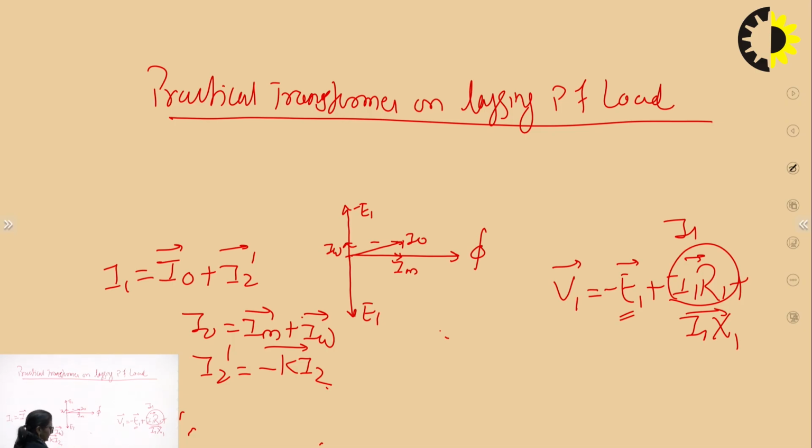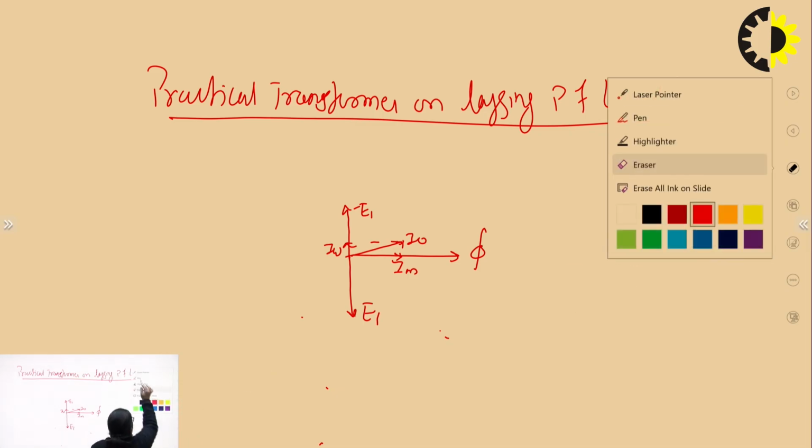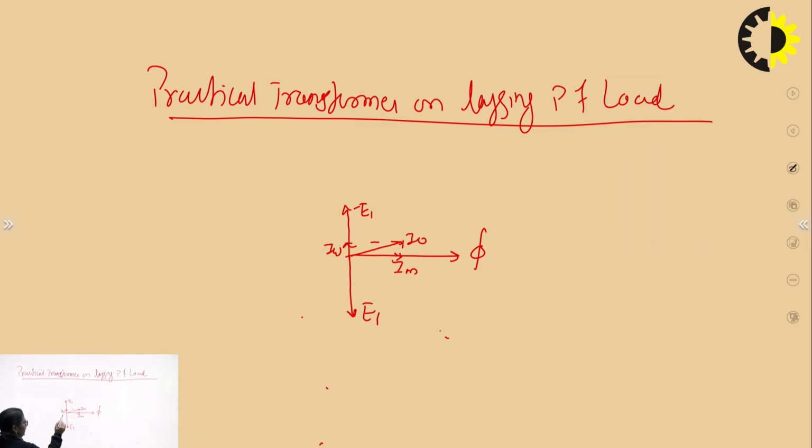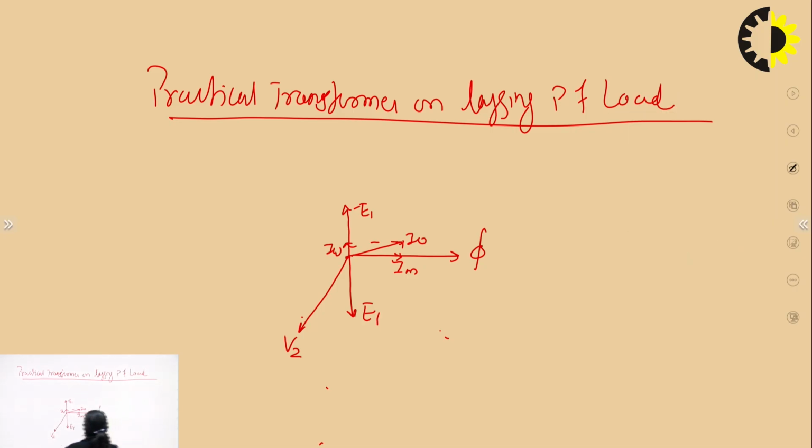And to show this, we have to arbitrarily consider V2. So we'll be arbitrarily considering V2 somewhere in the third quadrant. Now, if I consider that this is V2, then obviously I2, this being the lagging power factor load, will lag V2 by a certain angle phi 2.